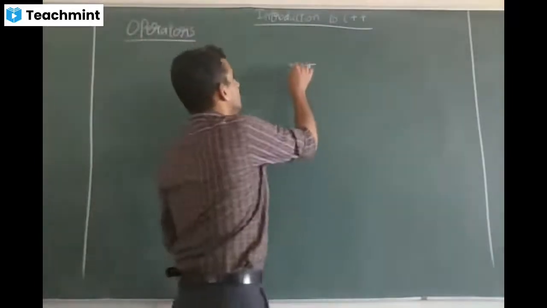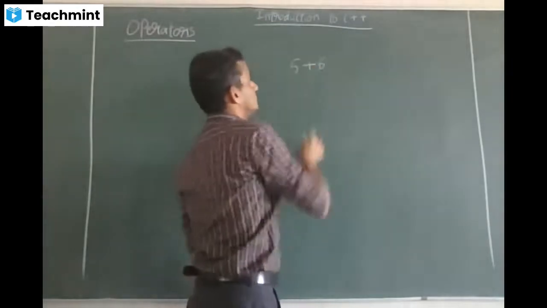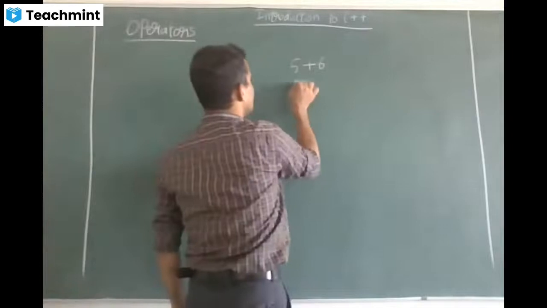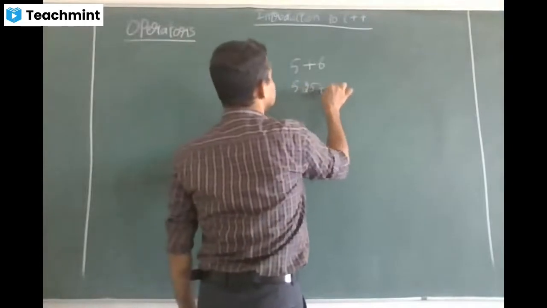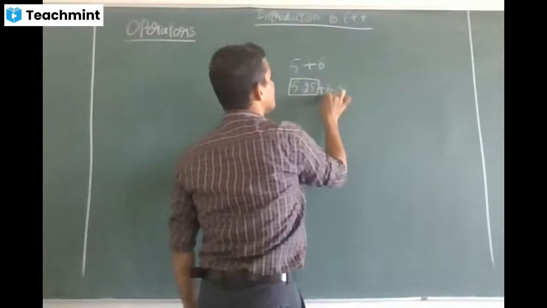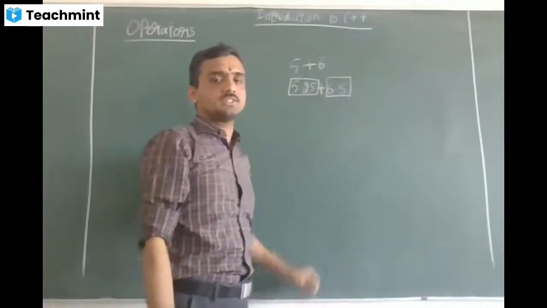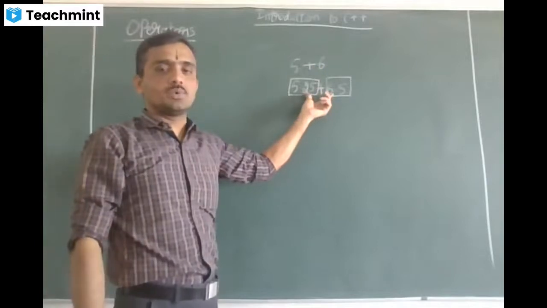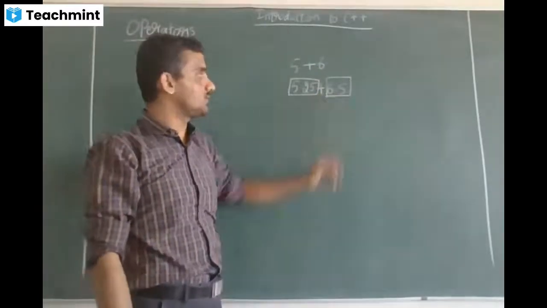If I say 5 plus 6, then 5 and 6 are integer numbers. Or if I say 5.25 plus 6.5, again both are numbers. The difference is that in the first example both are integers, and here both are real numbers, that is floating point numbers, because we have the fractional part.